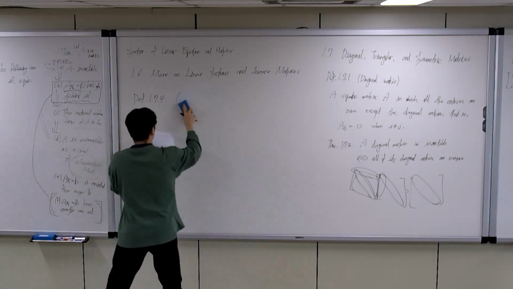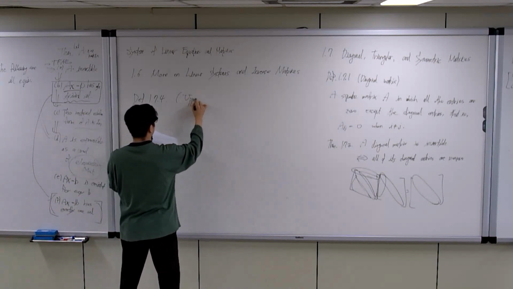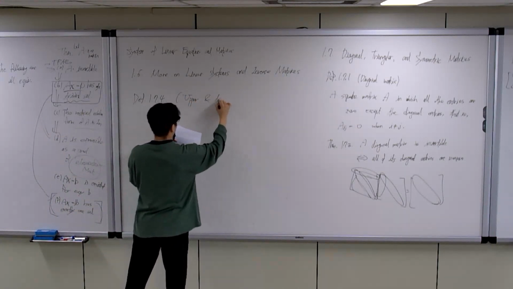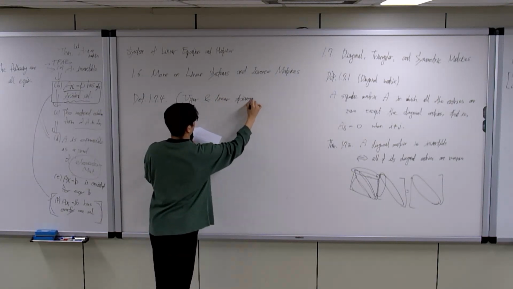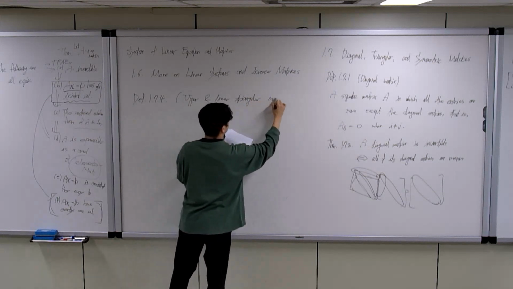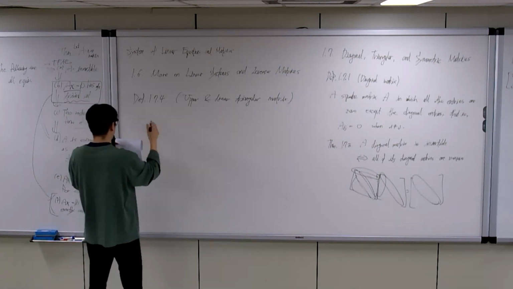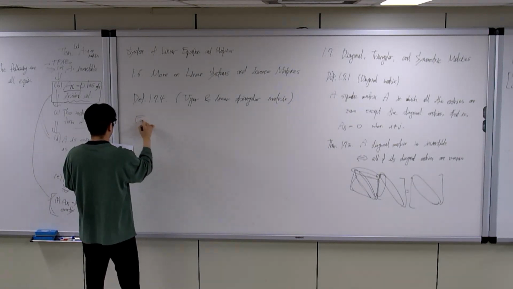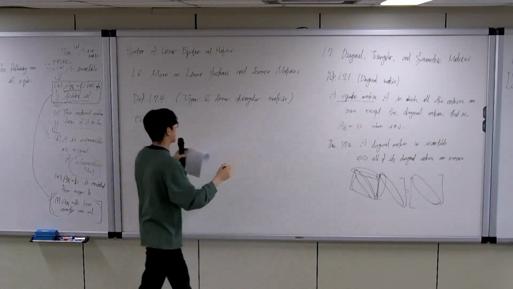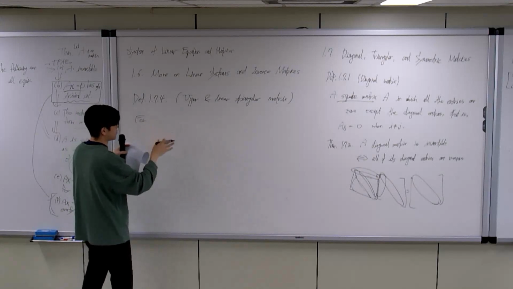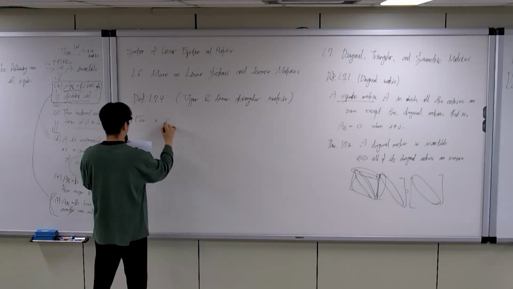And there are two kinds of triangular matrix. One is upper triangular, another is lower triangular. We consider square matrices, so in the upper and lower triangular cases also we will consider square matrices.